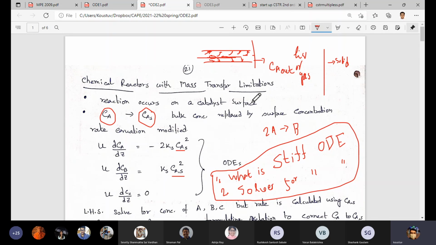We say that it is not working, but maybe we are not choosing the right solver for that system of ODEs, where there could be a stiff ODE. So this sort of analysis or understanding we have to make very clear. This will be the basis of the discussion in the next class.